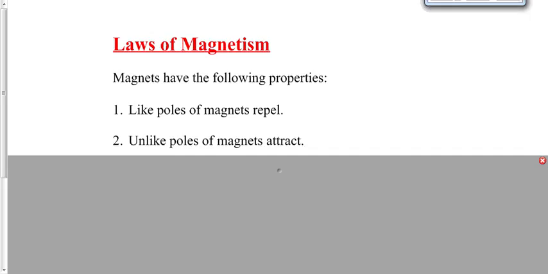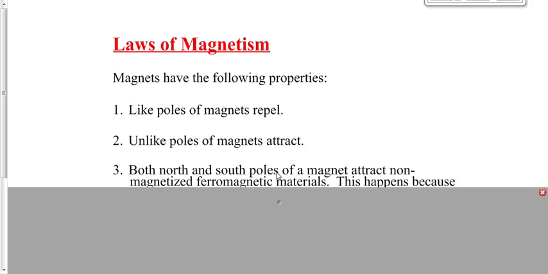Yeah, a non-magnetized ferromagnetic material. North and south poles of a magnet attract non-magnetized ferromagnetic materials. This is an important word here, ferromagnetic materials. It is because north poles and south poles don't attract pieces of paper or pieces of wood or pieces of plastic. They don't just attract non-magnetized things. They attract non-magnetized ferromagnetic things.